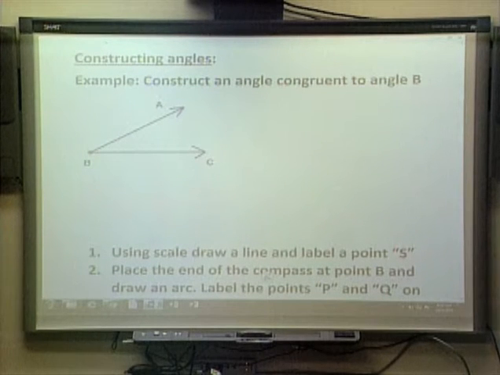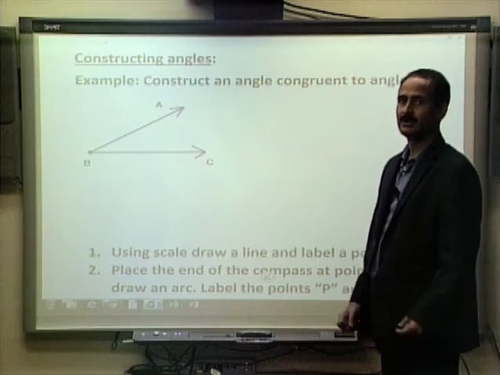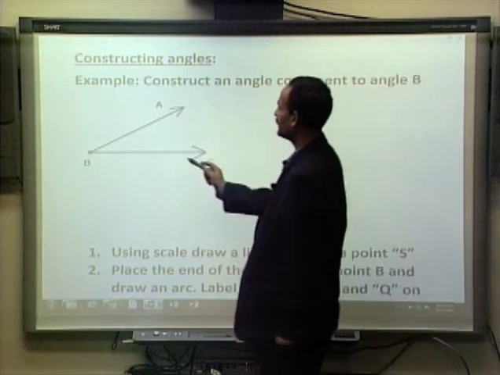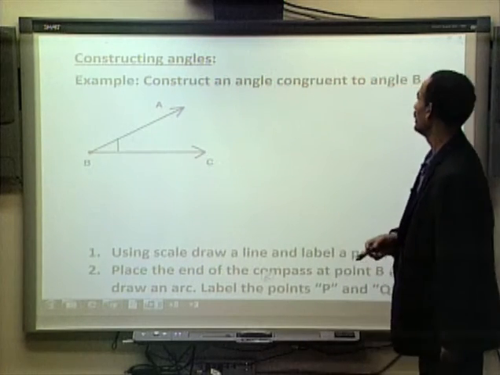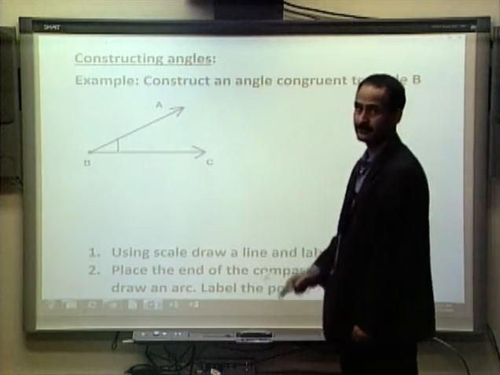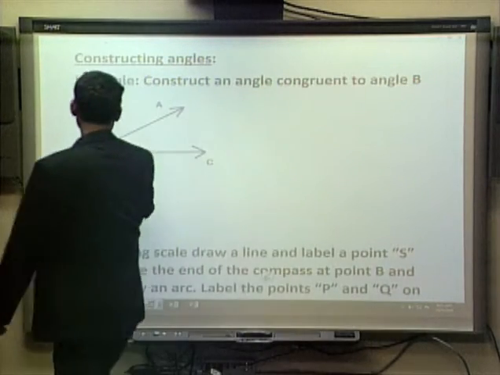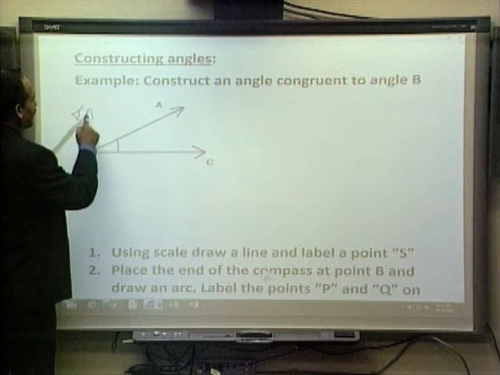Okay, now constructing angles. We are trying to construct an angle congruent to this angle ABC.